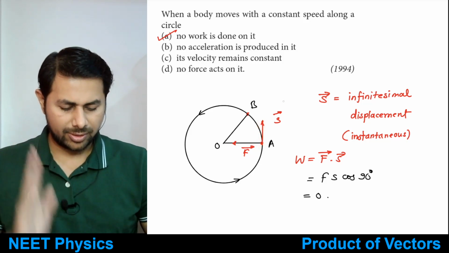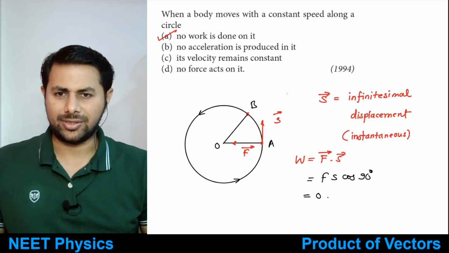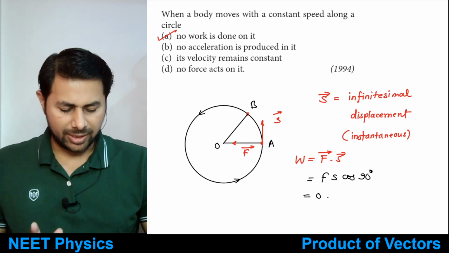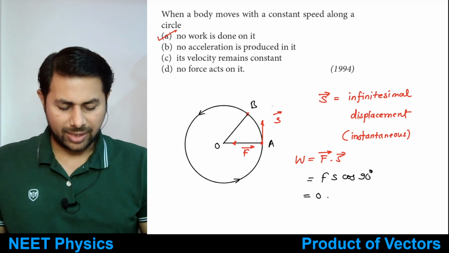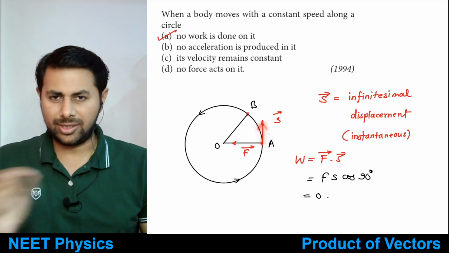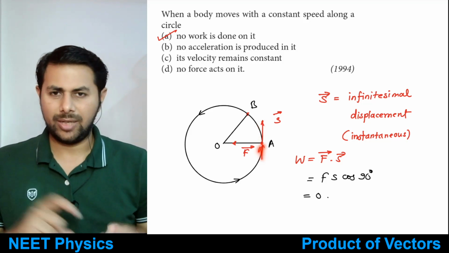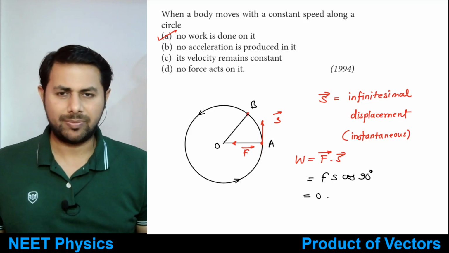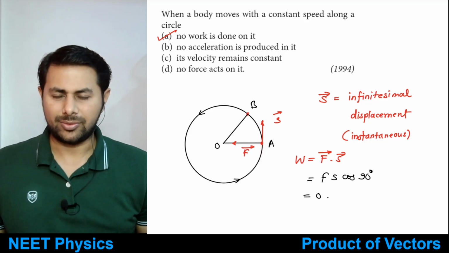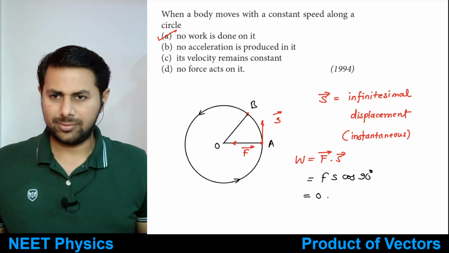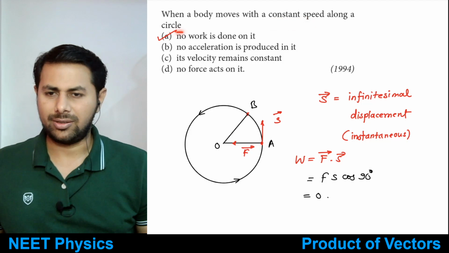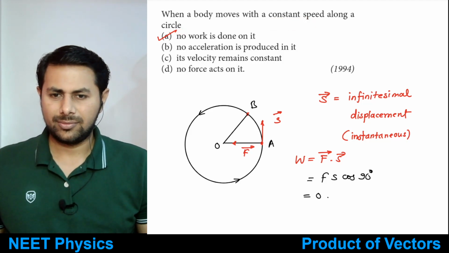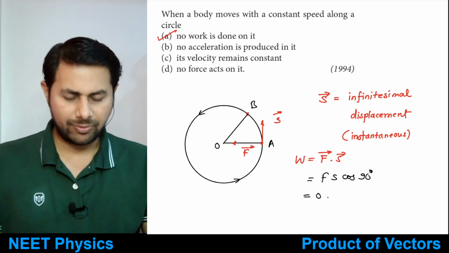If there is some tangential acceleration, that means there is some tangential force, that will change the speed. In that case, if you take the scalar product of that force and the instantaneous displacement, it will not be 0. Okay, so this is applicable when a body moves with a constant speed along a circle. Right, is this thing clear, everyone?